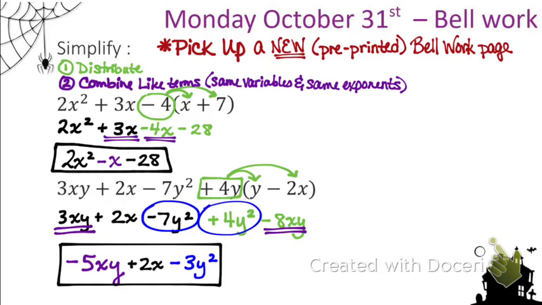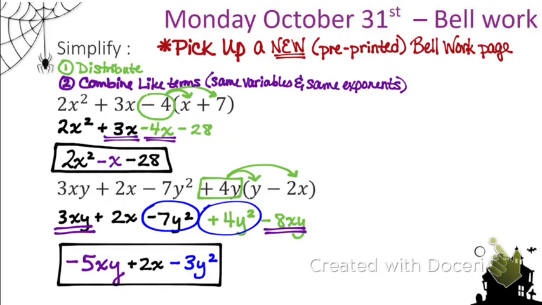Convention says that we put it in alphabetical order. So conventionally, think of this as proper math grammar, we want it in ABC order. But is it wrong if you switch those two around? No, it's not wrong. It's like when somebody says a sentence that's a little weird, but you know what they mean. Same thing with the order we write these terms in.